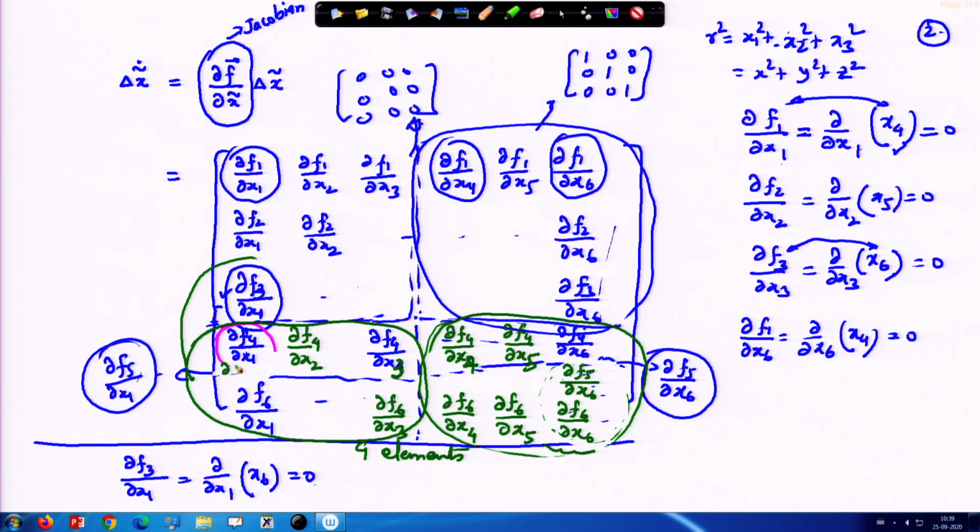Similarly, here in this place we have ∂f5/∂x1, and so on. So, this row will continue like this, the fifth row. So, we evaluate this quantity ∂f4/∂x4.